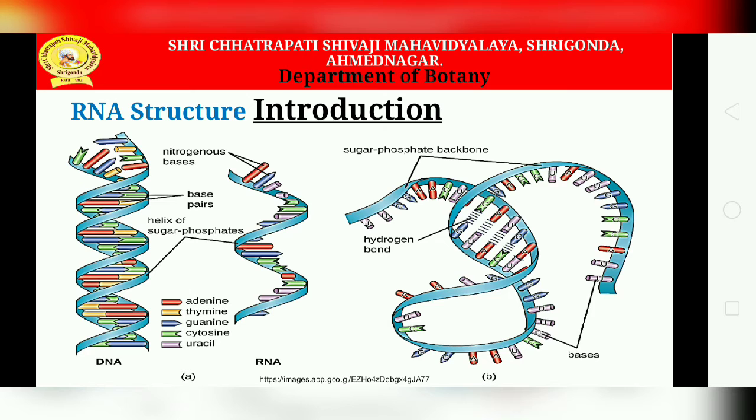A ribonucleotide in the RNA chain contains ribose, that is the pentose sugar, one of the four nitrogen bases, that is A, U, G and C, and a phosphate group.